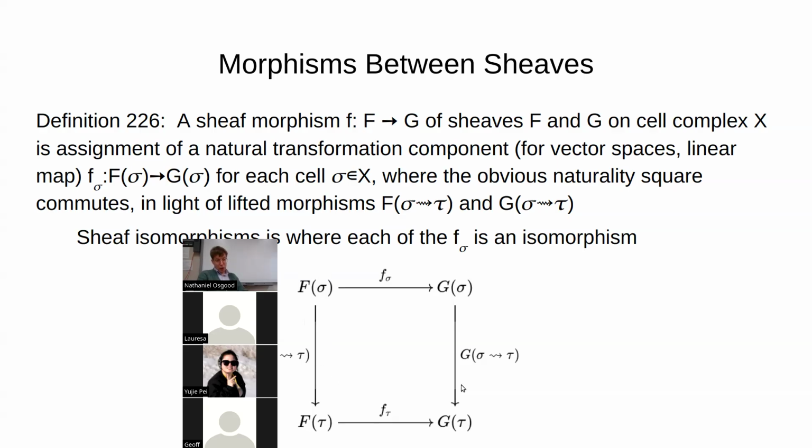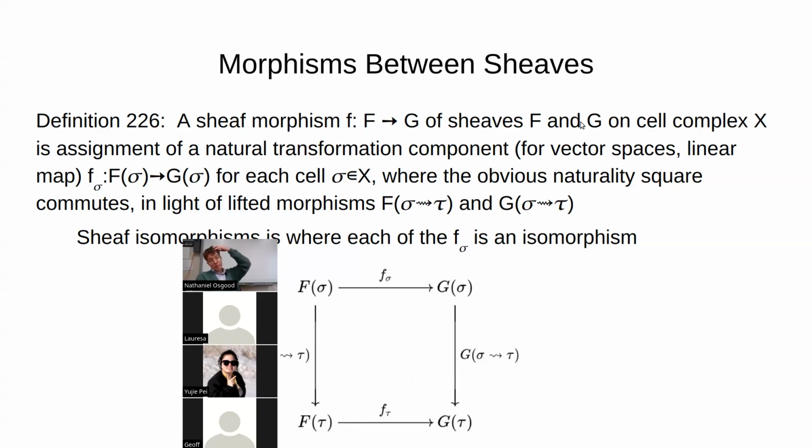And we could do it for G as well. All we need for a sheaf morphism are these components of a natural transformation that tell us how to go from the encodings for F to the encodings for G, such that this commutes. So this is just a naturality square.